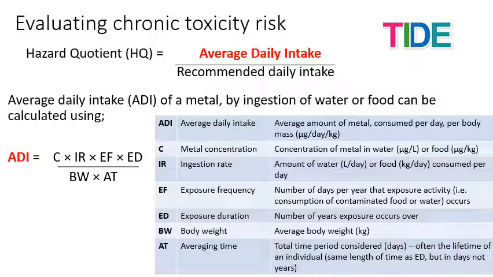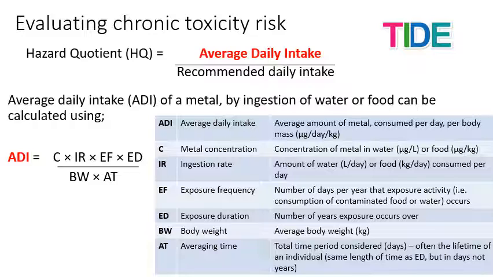The recommended daily intake values for these different metals, or the safe level of metal exposure, are listed in the handout as reference values. However, to calculate the hazard quotients, you must first calculate the average daily intake for these different metals via these different exposure activities, being drinking water, eating rice, and eating fish.